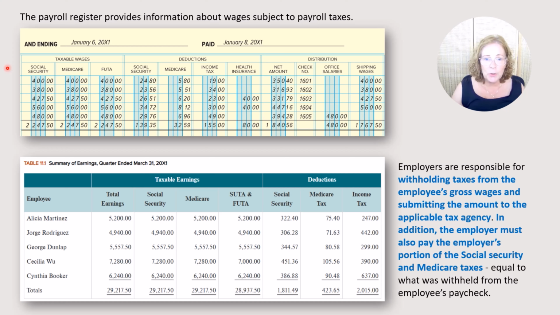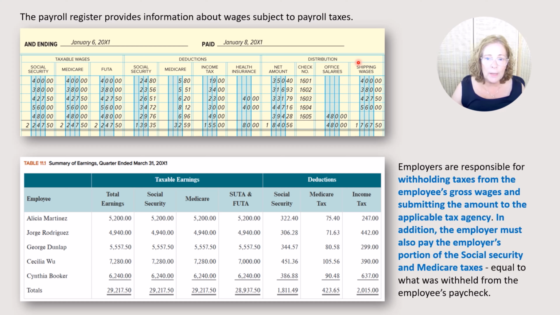In the header section, you can see the period ending date of January 6, 2021, and the date the payroll was paid, which is January 8th, 2021. Below that, we have three major sections. The first one is the taxable wages section, followed by deductions, and then a section called distribution.